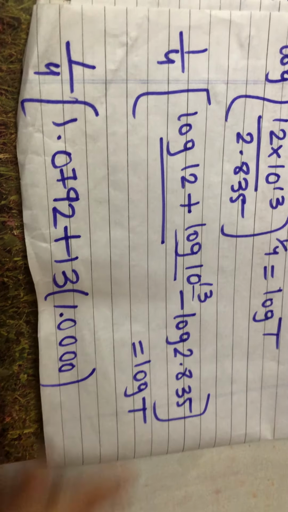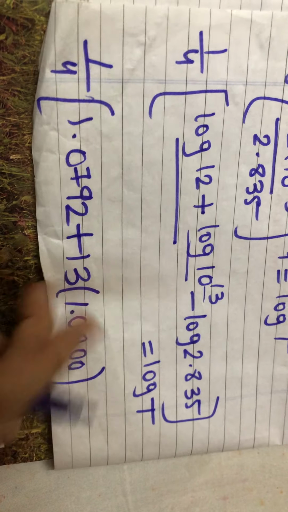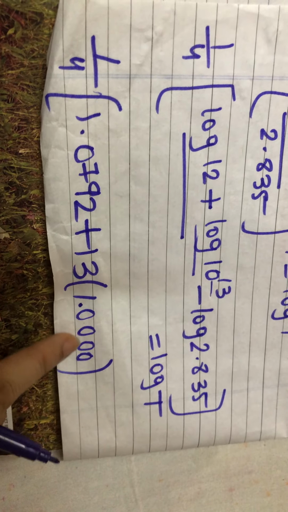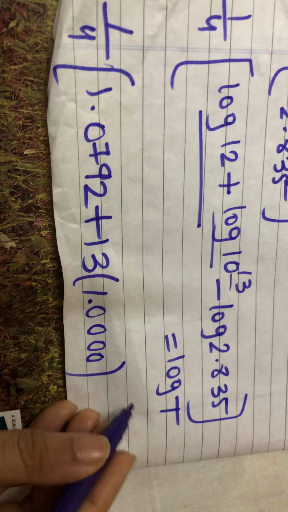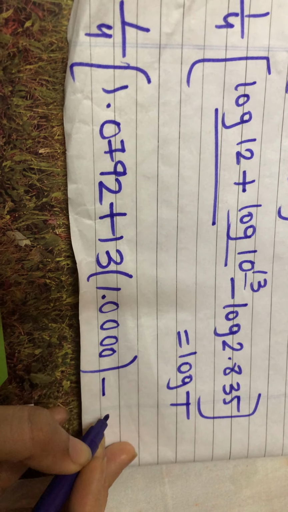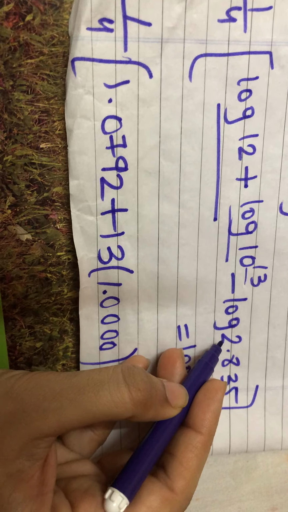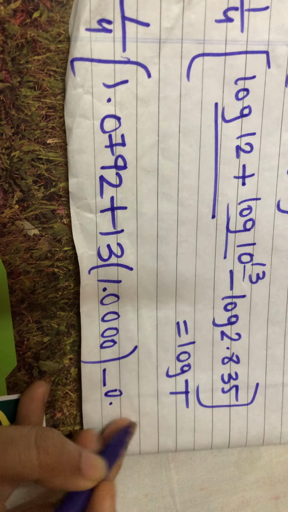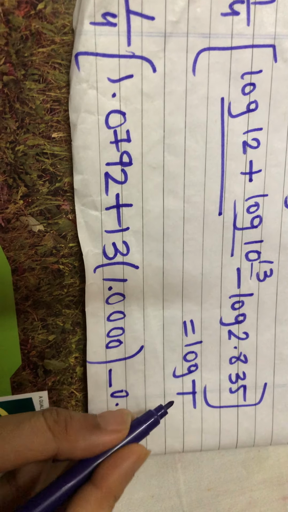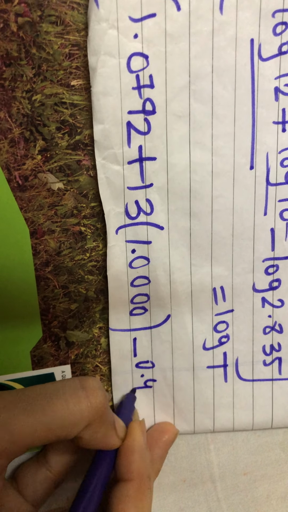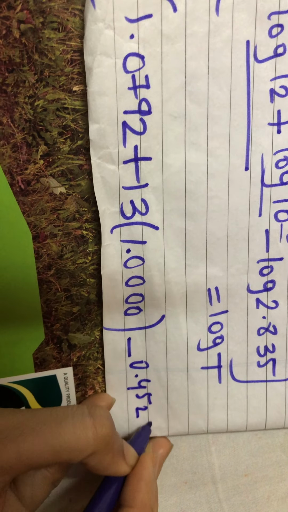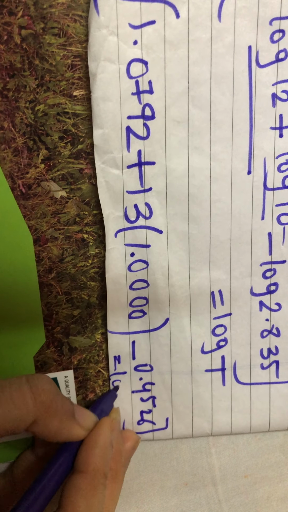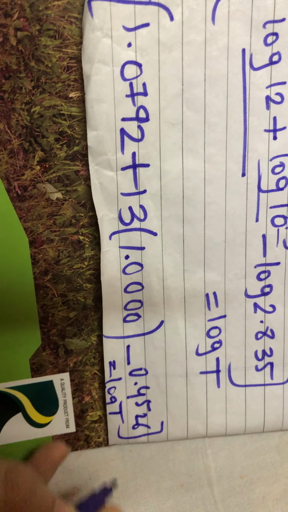How did we get this? 10 has 2 digits, so 2 minus 1 is 1, so 1 point. For 10, the fractional part is 0.0000. Then minus, we have just one digit. One digit means 1 minus 1 is 0. For 2.835, checking the table we get 0.4526, and this is equal to log of T.